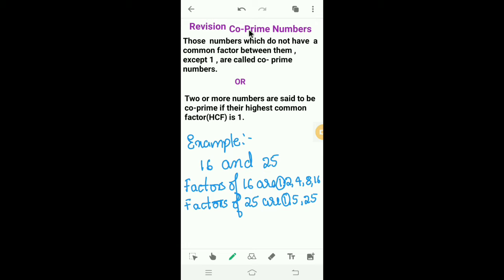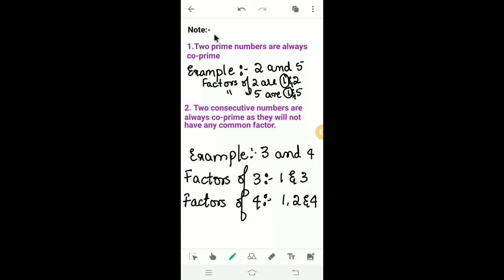So what is the definition of co-prime numbers? Those numbers which do not have a common factor between them except one are called co-prime numbers. Let's see the note. Two prime numbers are always co-prime.